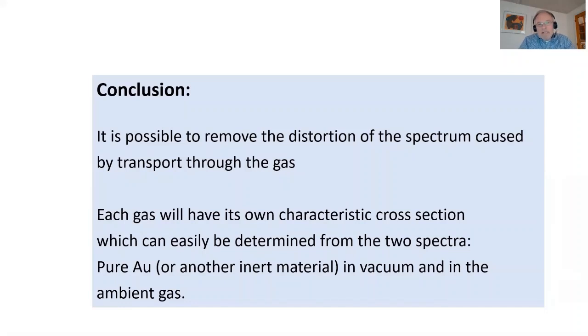Once this has been determined for one case, like gold here, the same cross-section can be used for other situations. In the following video, we'll see how we go about doing this in detail.